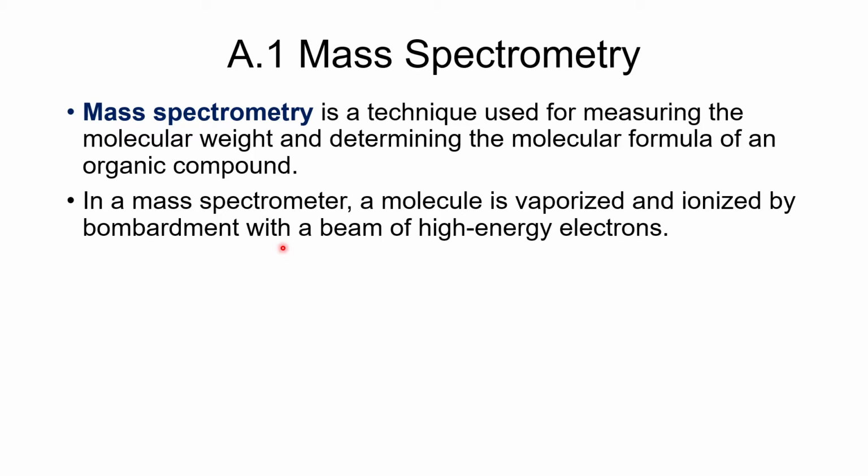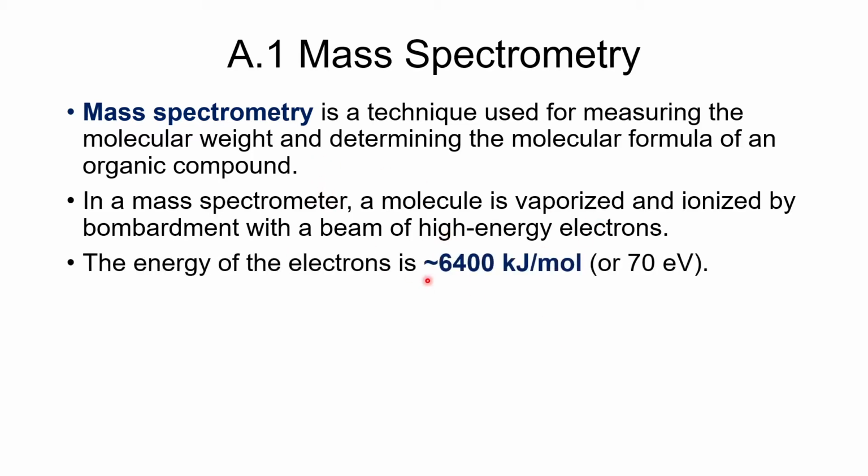So in a mass spectrometer, we take a molecule and we vaporize it so that it gets into the gas phase. Then we ionize it using a beam of high energy electrons. Those electrons have a lot of energy, and by a lot of energy, we mean about 6,400 kilojoules per mole. If you want the electron volts, it's about 70 electron volts.